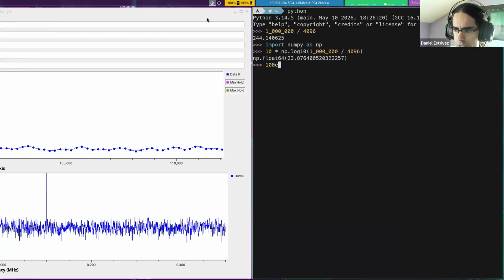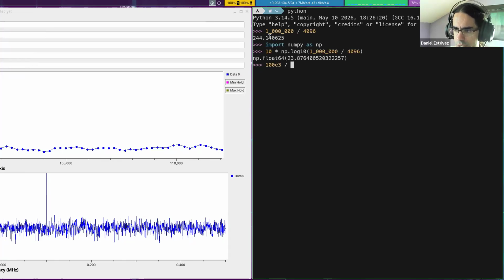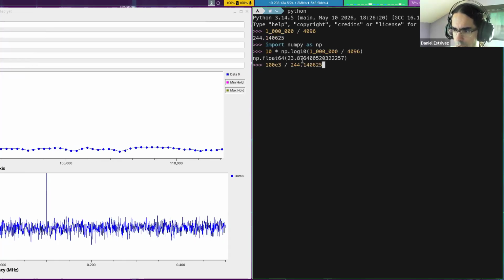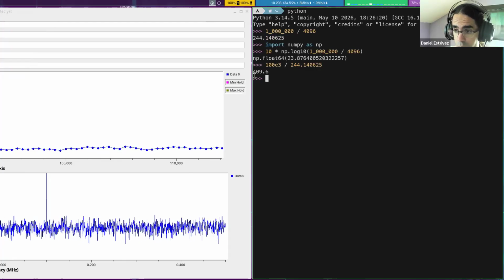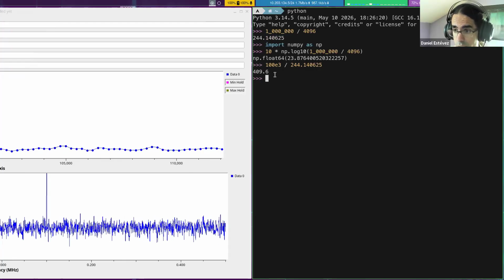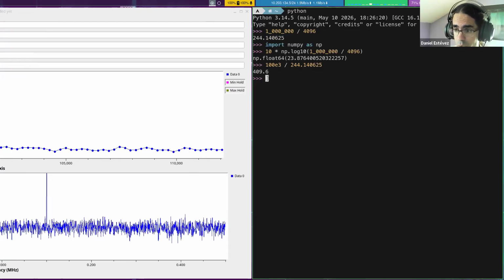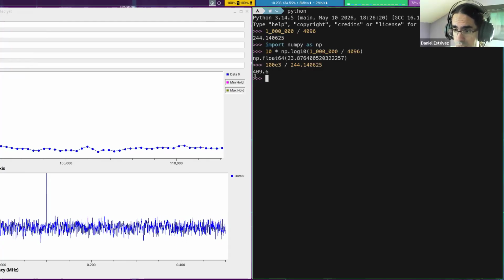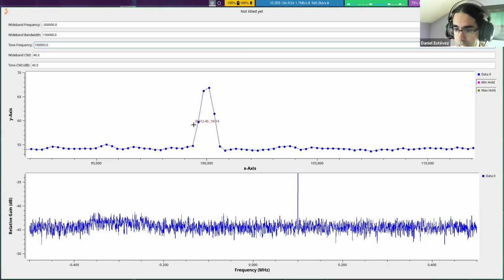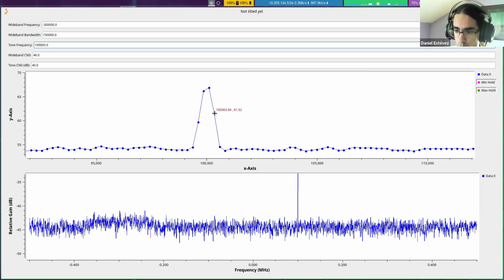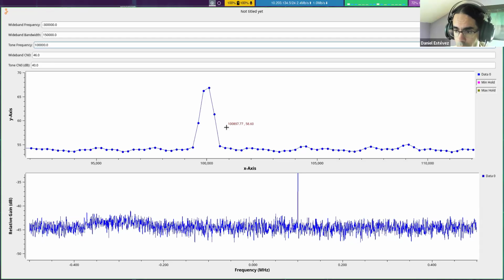No wonder, because if I do 100 hertz divided by this number, what I get is that my signal is going to be centered on 409.6. So that's almost halfway between 2 bins. So bins 409 and 408 will get most of the signal power. And then these 2 adjacent signals also get power.